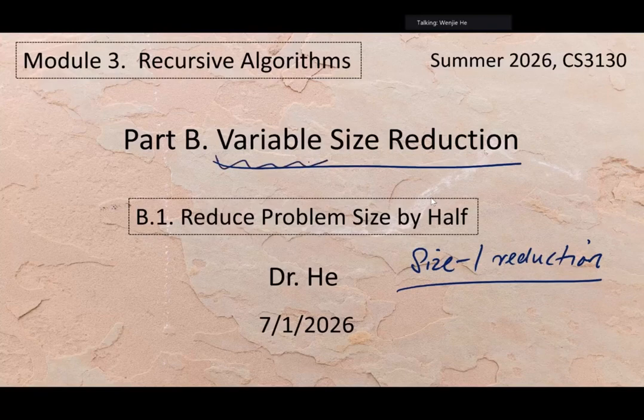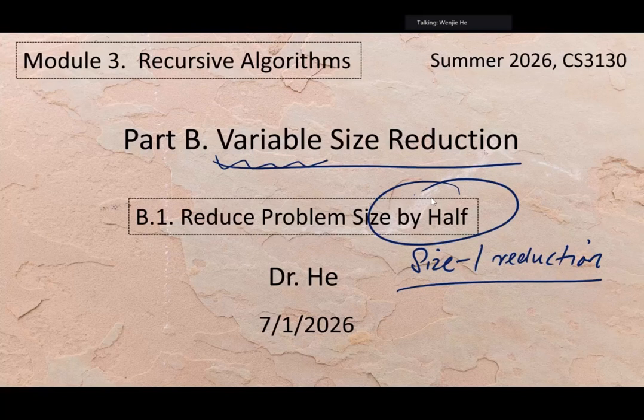All right. B.1, reduce the problem size by half. Every time when we do divide and conquer, we split the original problem right in the middle. And we only need to solve one of the 2 subproblems. We do not need to solve the whole problem.